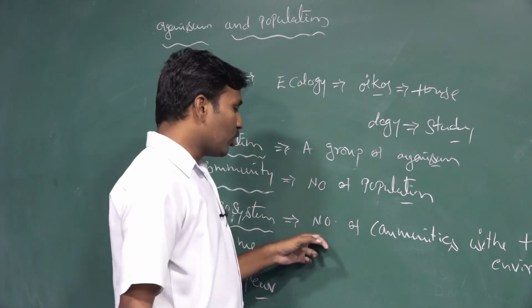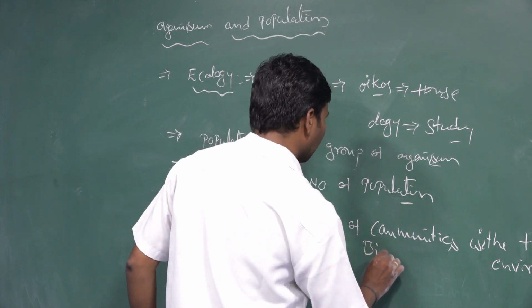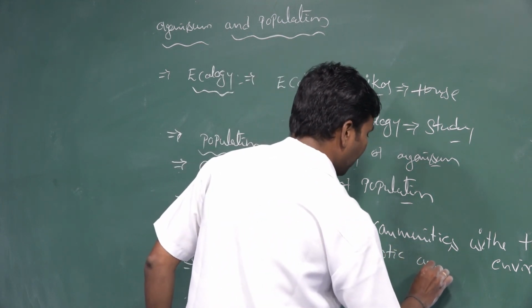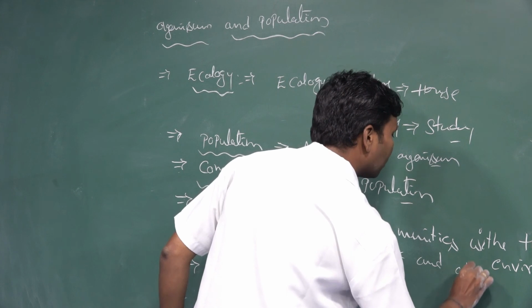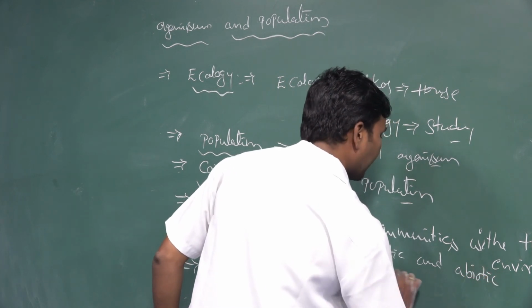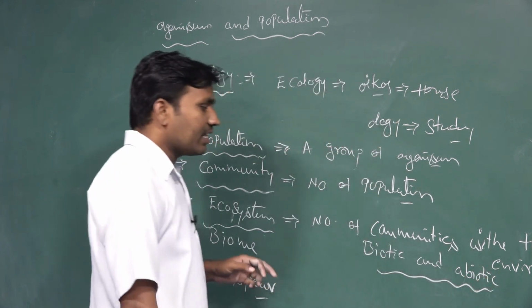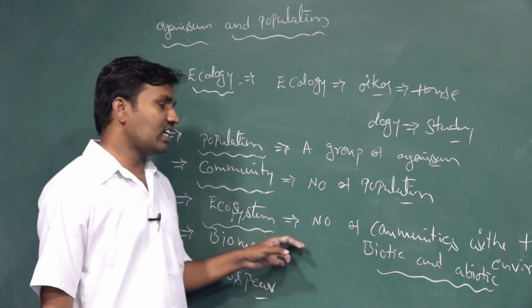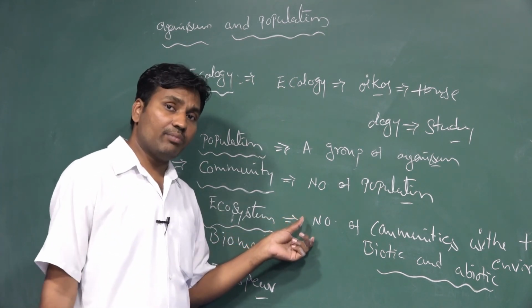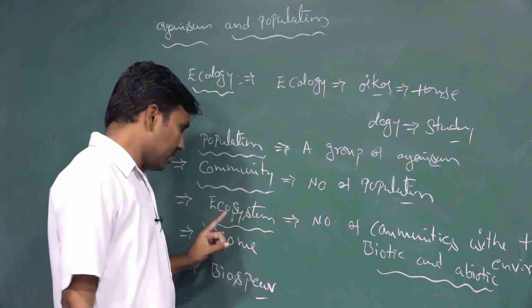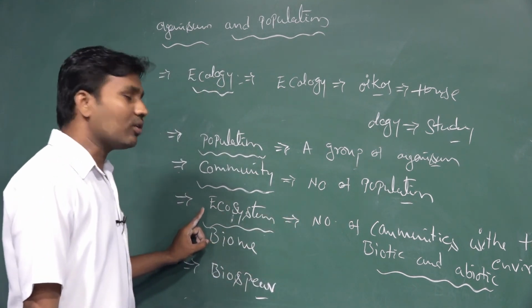That means biotic and abiotic factors. The relationship between the biotic and abiotic factors of a certain area at a certain time is explained by the ecosystem. It is called an ecosystem.